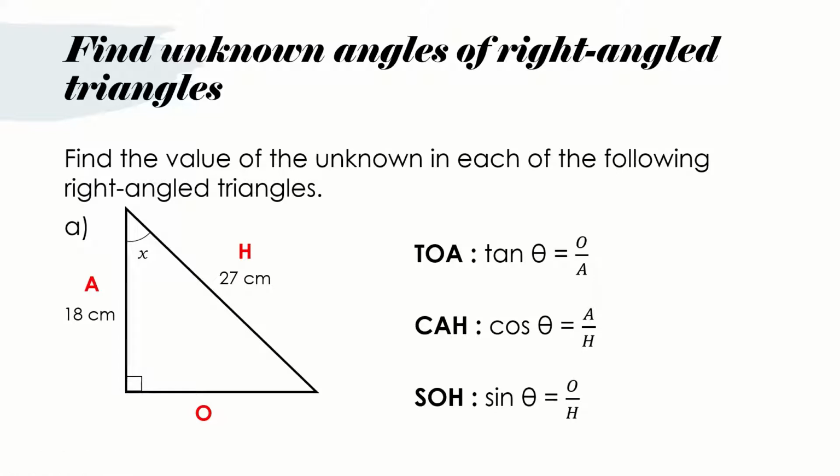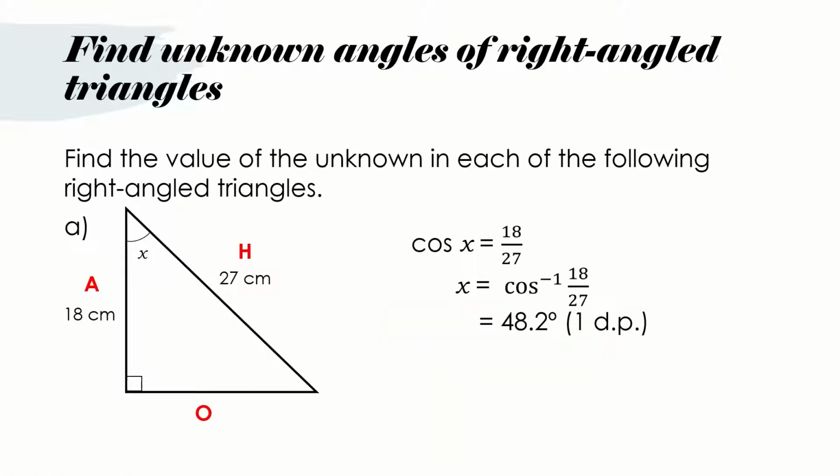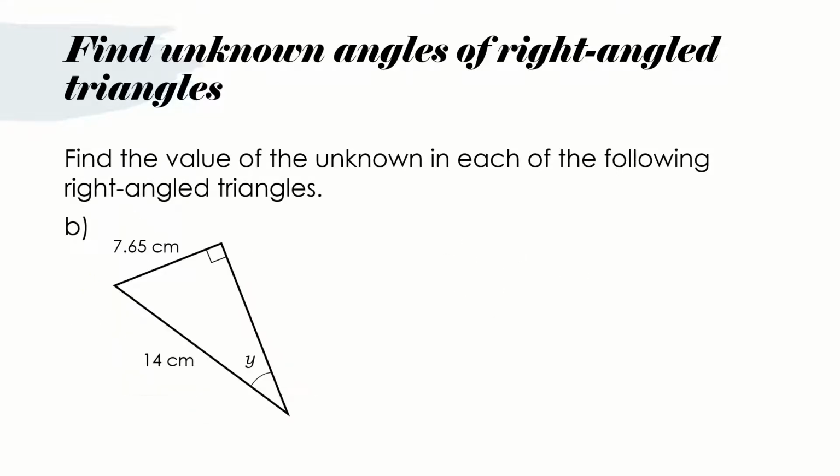So because we already know A and H, we got to use cosine theta equals to adjacent out of hypotenuse. So cosine X equals to 18 out of 27. So X will be cosine inverse 18 out of 27 and you'll get 48.2 degree, correct to 1 decimal place.